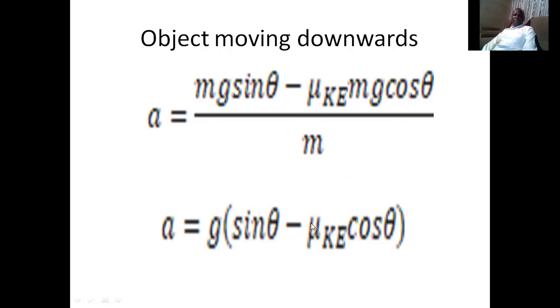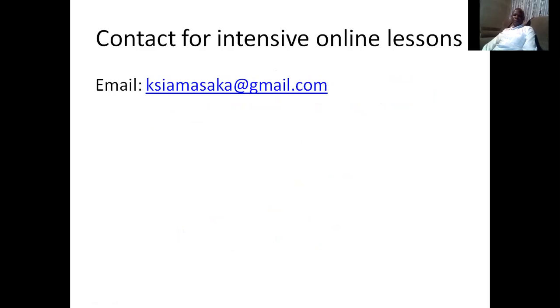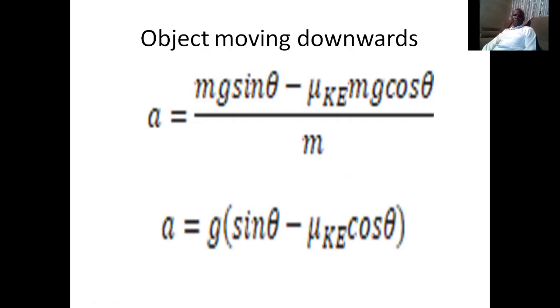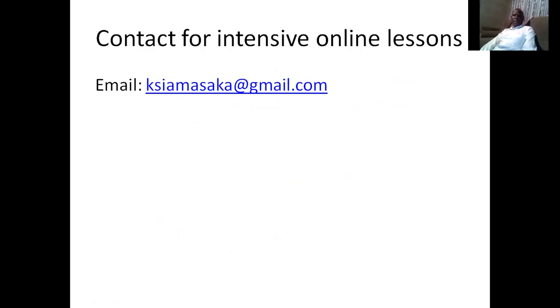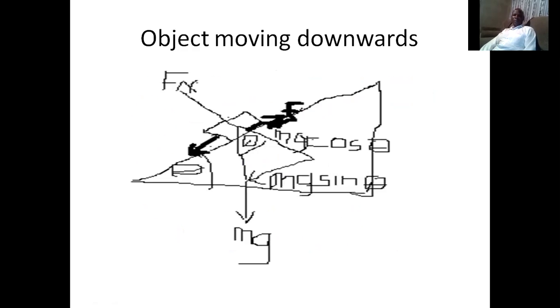Therefore, acceleration for an object moving downwards would be g in brackets, sin theta minus the coefficient of kinetic friction times cos theta. This is a simplified version of how we would calculate the acceleration for an object which is moving downwards.